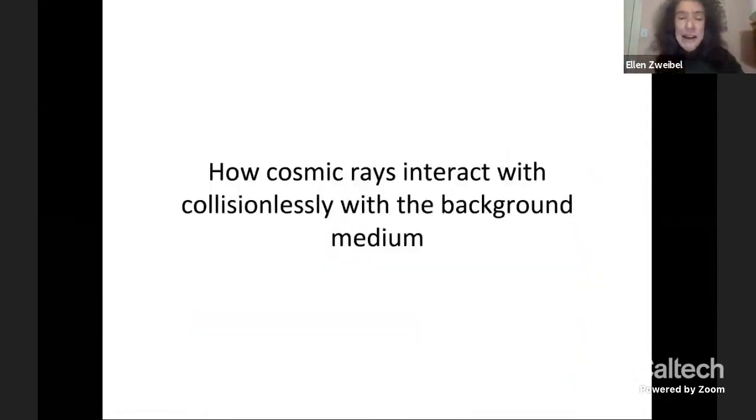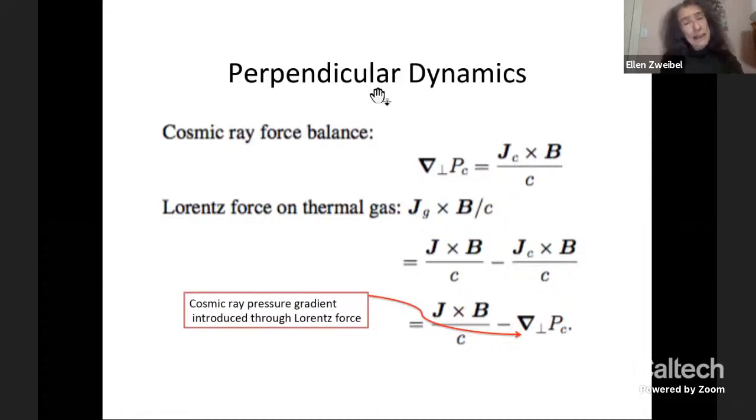Okay, so how do cosmic rays actually interact collisionlessly with the background medium? Well, the perpendicular dynamics are actually easy, although it looks kind of like a sleight of hand. The cosmic rays have no inertia, so they're kind of in a force balance. So here perpendicular means perpendicular to the ambient magnetic field. So the perpendicular gradient of their pressure is their current crossed with the magnetic field. The Lorentz force, the pressure gradient.